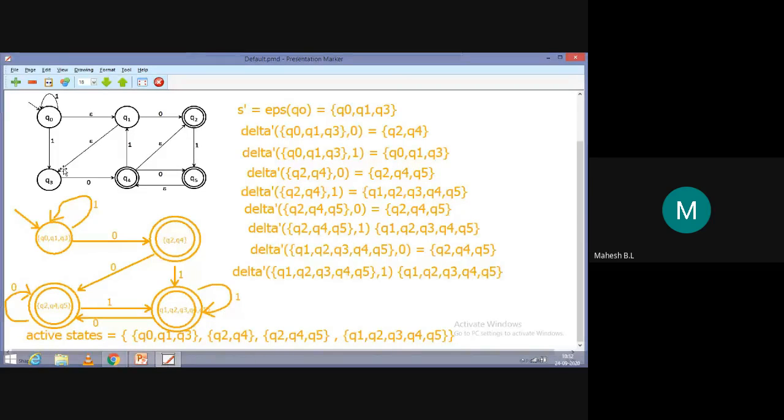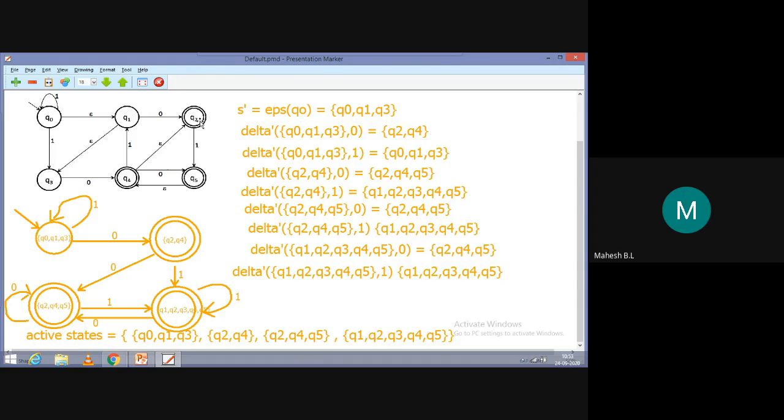Then Q1 on 0 to Q2, so there is a transition to the state which contains Q2. Then Q2 on 1 to Q5.